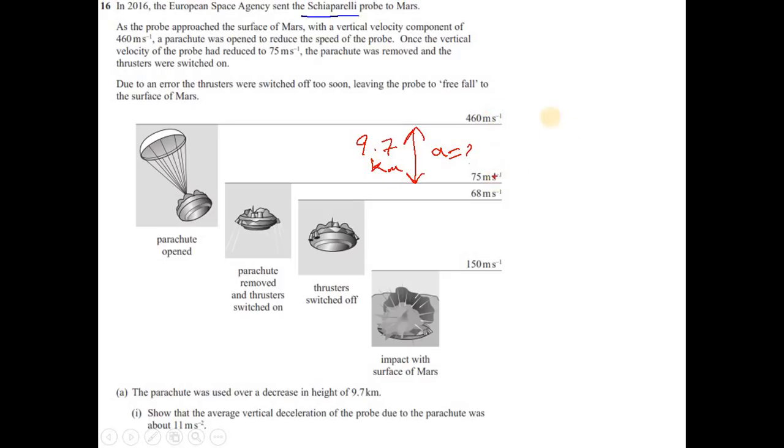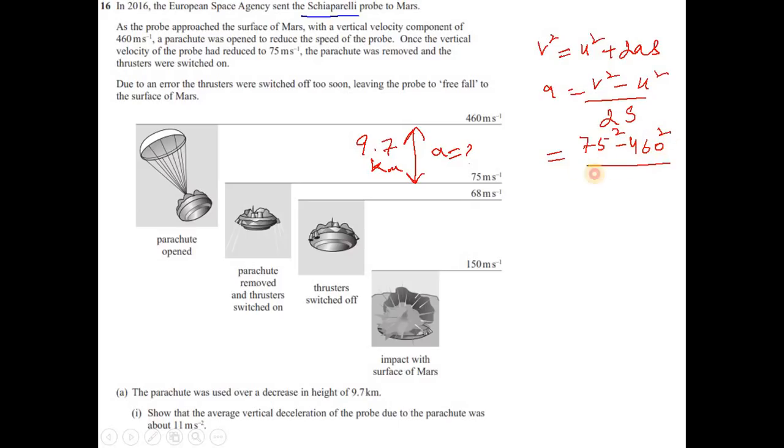We have initial and final velocity. So we know that v squared is equal to u squared plus 2as. And then we can figure out acceleration as v squared minus u squared divided by 2s, where v is the final velocity, 75, squared, minus the initial velocity 460 squared, divided by 2 times the distance, which is 9.7 kilometer.